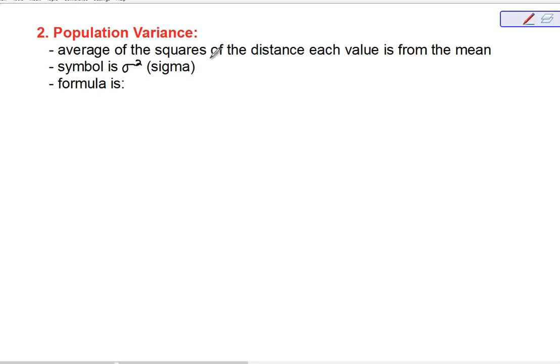This is the average of the squares of the distance each value is from the mean. So this distance right here is also known as the deviation. How far a value is from the mean, that's known as the deviation.